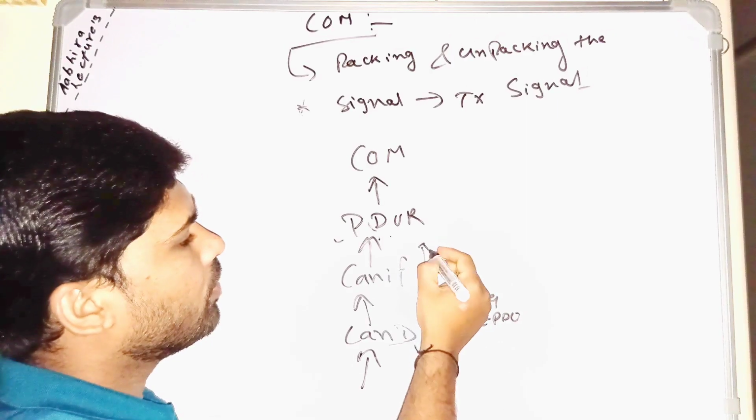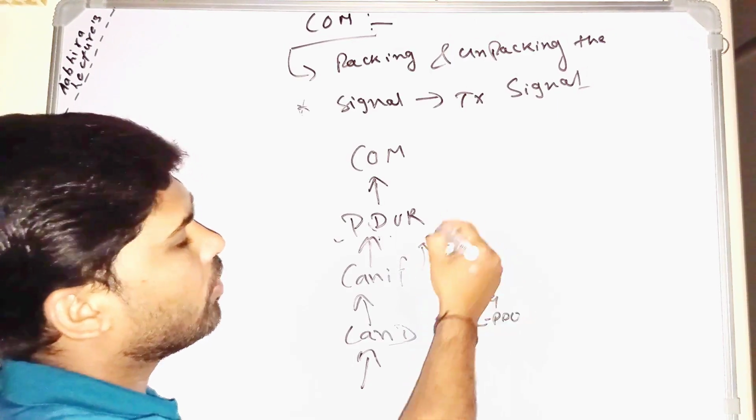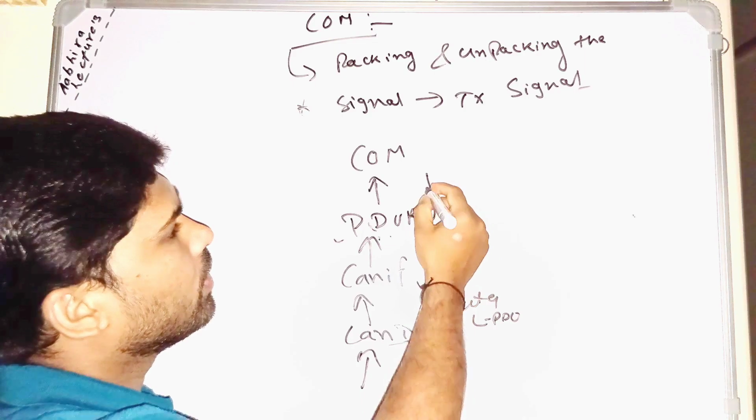The data will move in the form of L-PDU. CAN driver to CANIF, then CANIF to the IPDU. The data will transfer from here as IPDU.